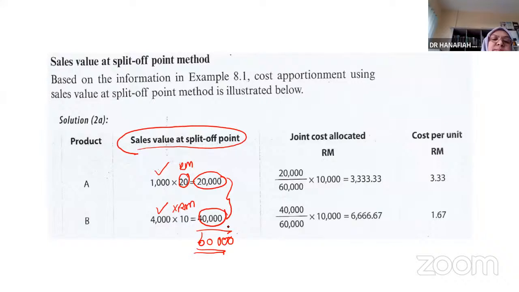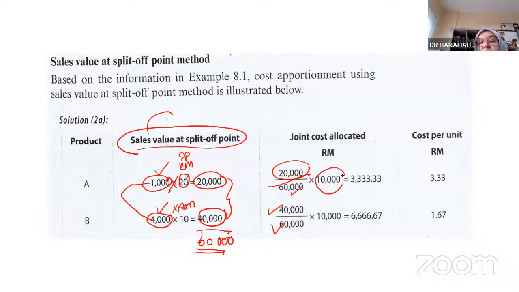If you compare with the split based on the physical will base solidly on this one. But if sales value, it means you times with the selling price. Very simple. So now you have 20,000 over 60,000, and 40,000 over 60,000 times.